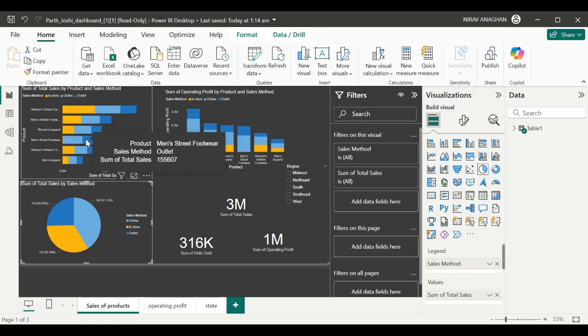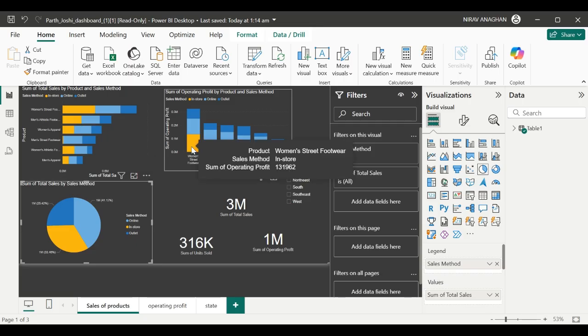By using this dashboard, we can analyze the data and take out meaningful insight, which is very useful for further analysis and increasing the company's sales.